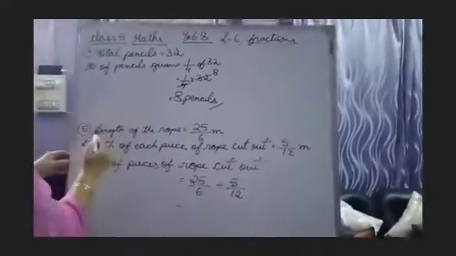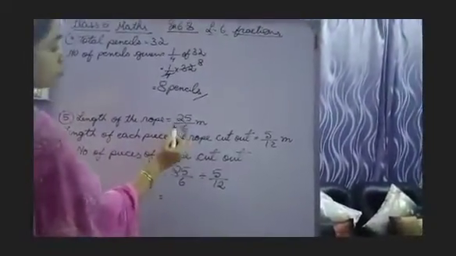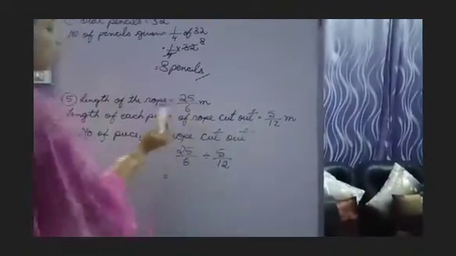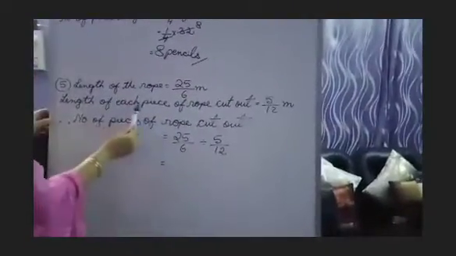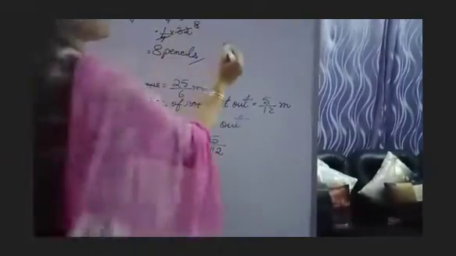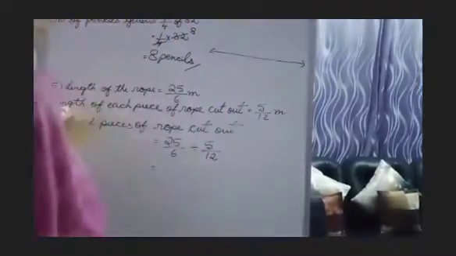Now let us proceed towards the sum. Length of the rope is equal to, this is the total length, 25 by 6 meters. Length of each piece of rope cut out. That means there is one rope, suppose this is the drawing, and the total length of the rope is 25 by 6 meter.